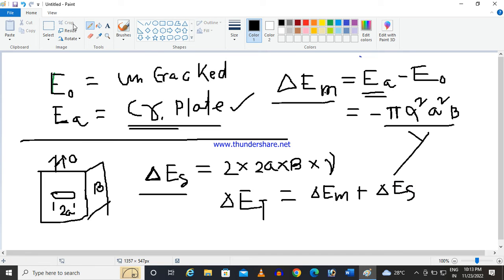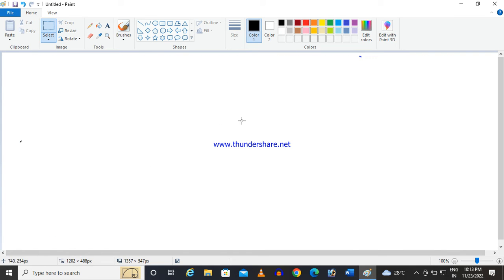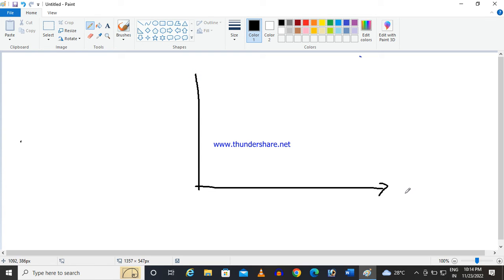Okay, so now let us try to plot the thing. I am deleting this page. We will plot the total energy change, all the components, as a function of the crack length.